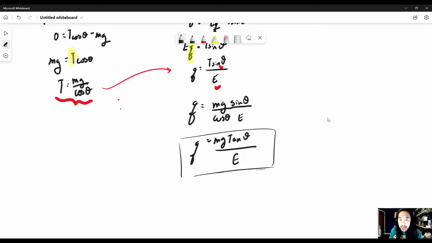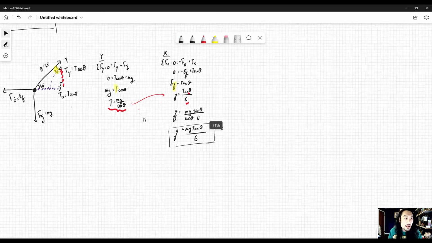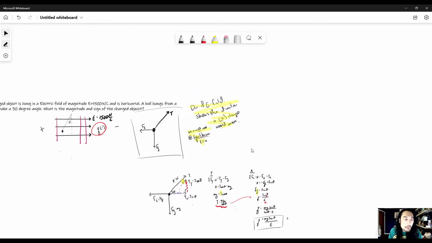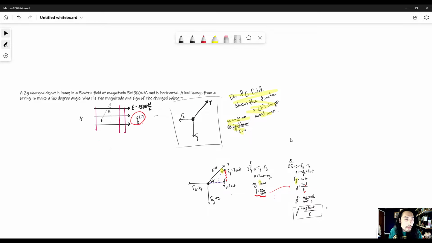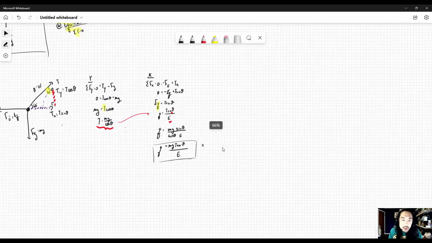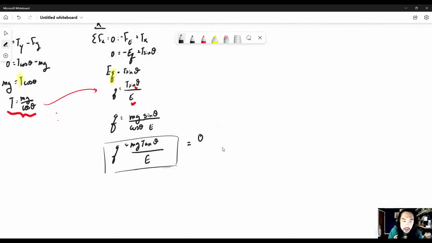So this would be a great acceptable answer, but if we wanted to find a numerical answer, we can say that M, what was our mass? 2 grams. Okay, so our mass was 2 grams, so that is 0.002 kilograms times g. We're going to use 10 for the acceleration due to gravity.